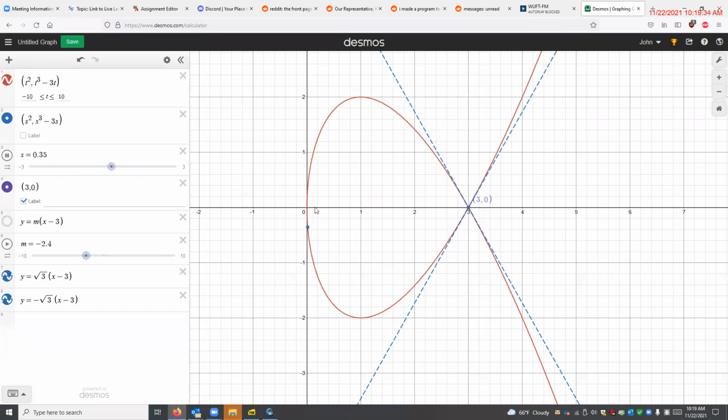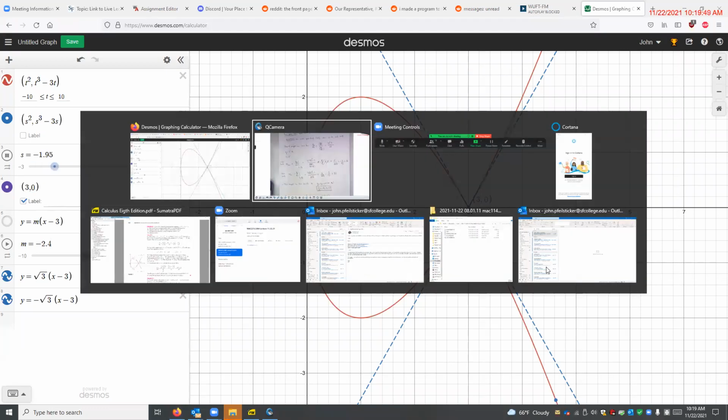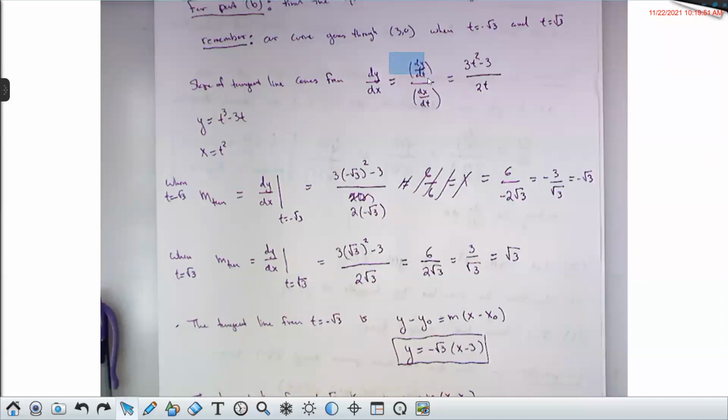The tangent line over here at x equals 0 would be a vertical tangent line. Its slope would be undefined. But over here, we're able to calculate those slopes with no problem, just using the recipe that dy dx is dy dt divided by dx dt. Questions on this one?